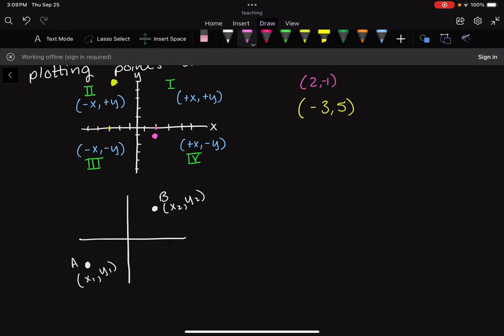So if I want to find the distance between the points A and B, what we can use for this is we can make this into a triangle. And so we'll have some distance, we'll say a, and we'll have some distance b.